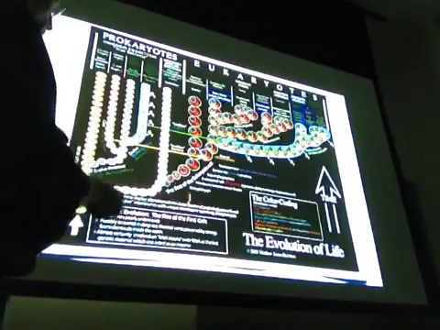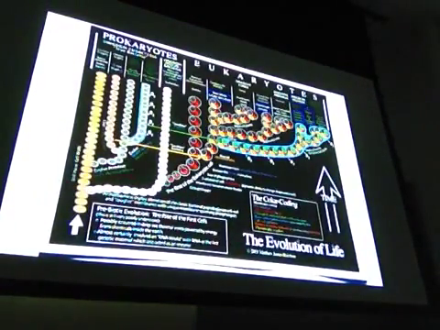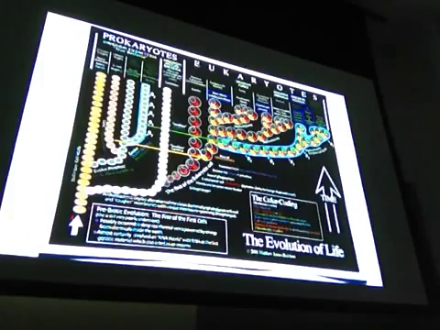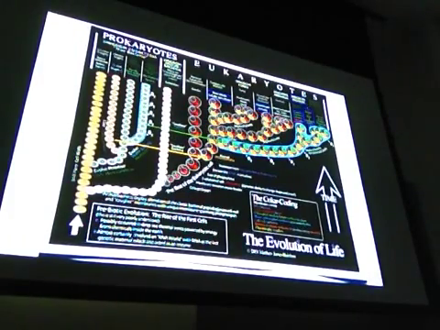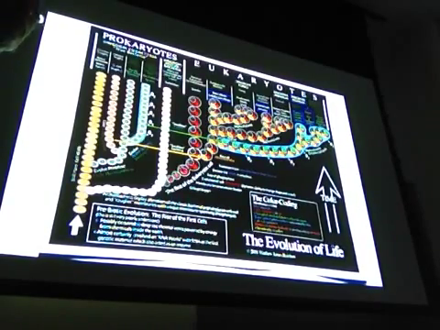So things way down here are present in deep evolutionary time, long ago, and anything at the top of the diagram is an extant modern-day organism still with us today.